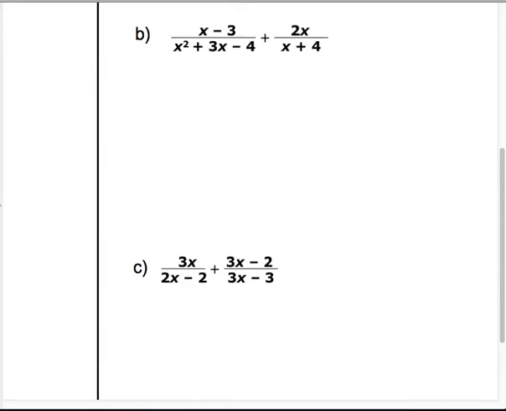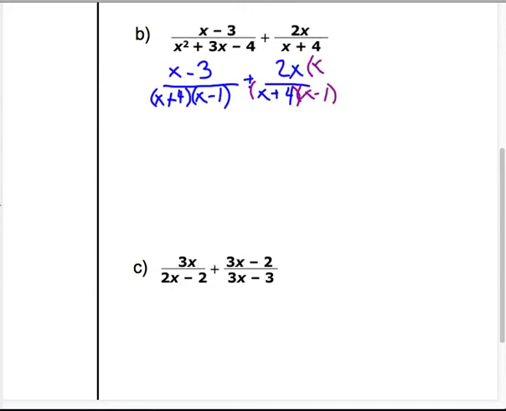So this one, what I notice is my first denominator, again, can be factored. So what multiplies to negative 4 and adds to a positive 3, that would be an x plus 4, x minus 1. And I have an x plus 4 in my second denominator, so what's missing is my x minus 1.